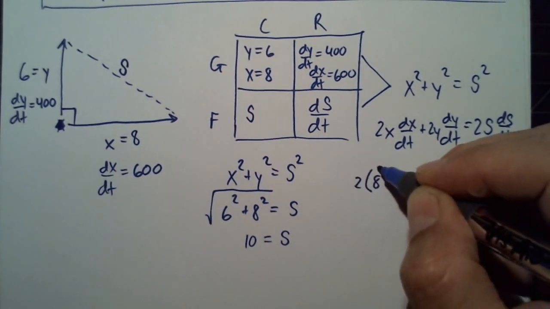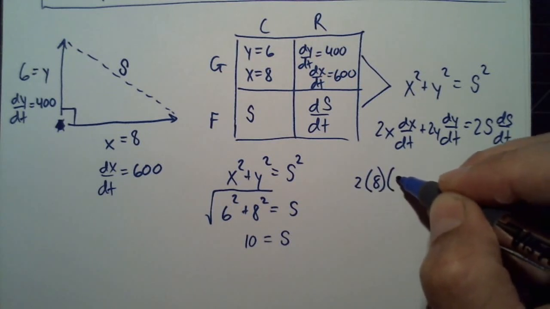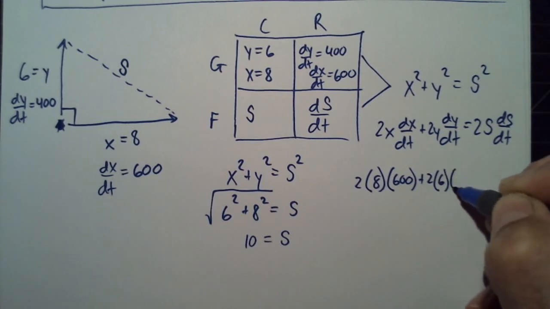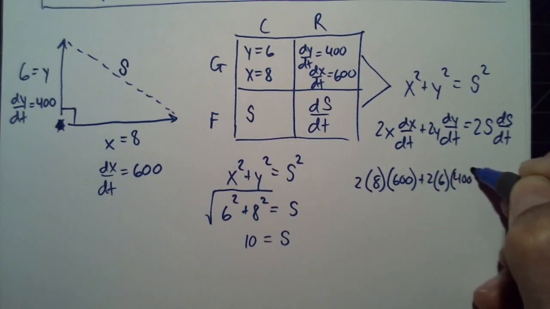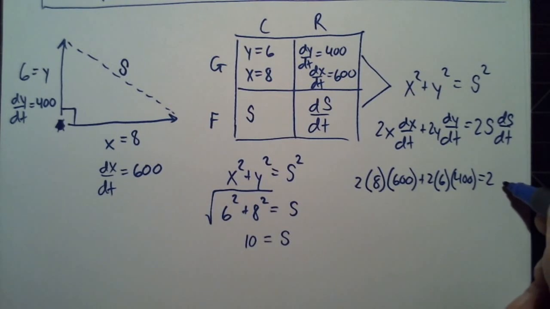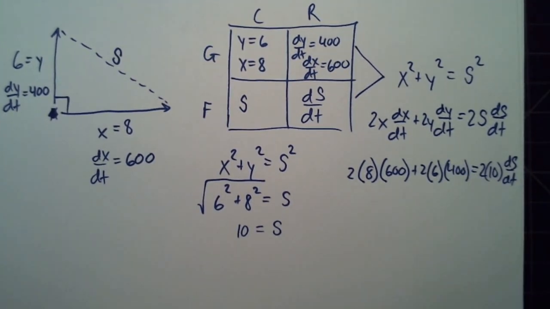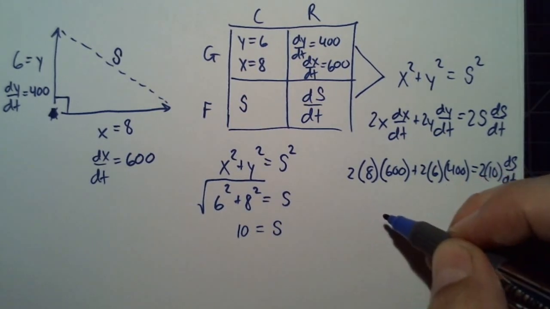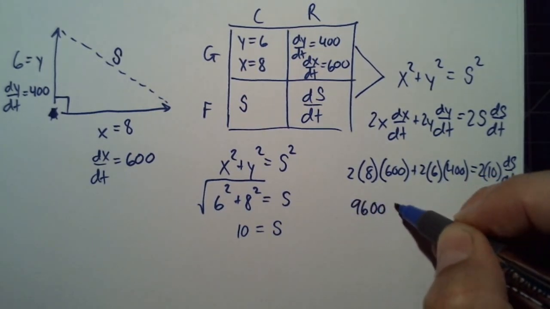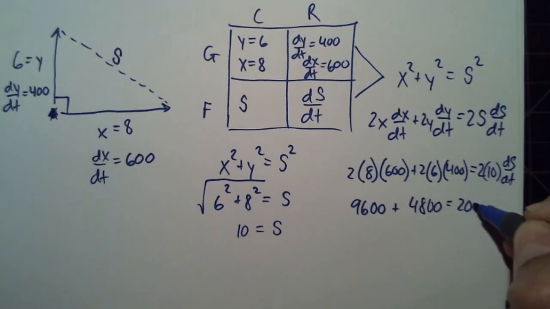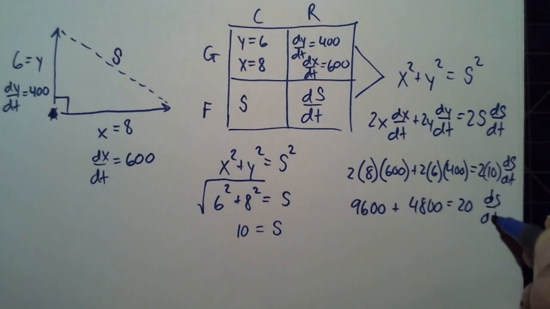2 x dx/dt, 2 y dy/dt, 2 s ds/dt. So this should be 9600, 4800, 20 ds/dt.